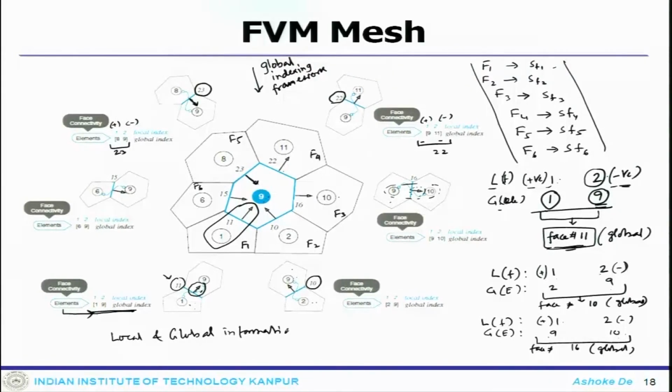So, this needs to keep track of not only the element numbers, but face, node, local face indexing and so on. That gives you an idea how involved an unstructured grid system is, because this requires a lot of data structure issues.